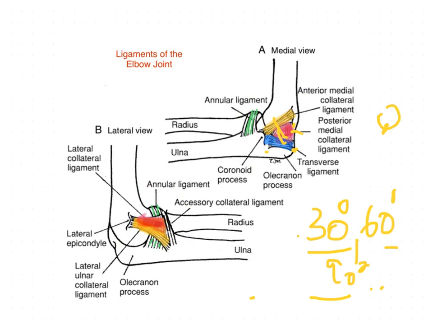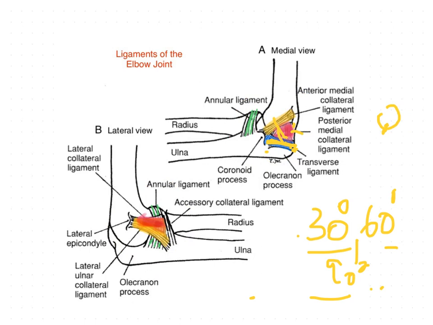And coming to the medial collateral ligament, that is the transverse fibers. So these are the transverse fibers which extend between the olecranon and the ulnar coronoid process, like this. This portion of the ligament will provide very little valgus stability, but may help to keep the joint surfaces in approximation.